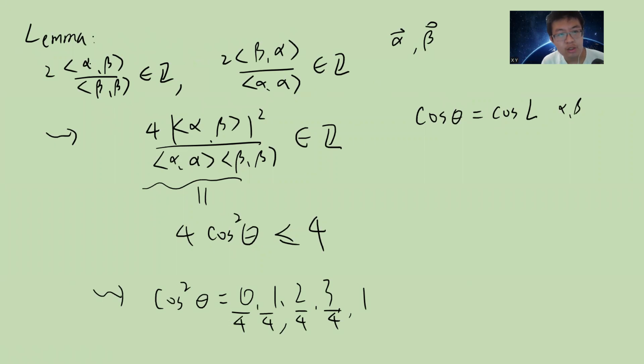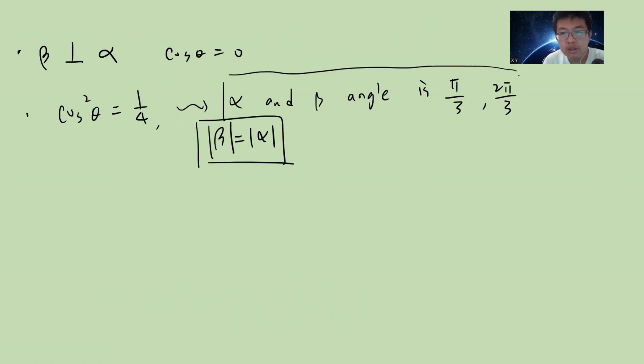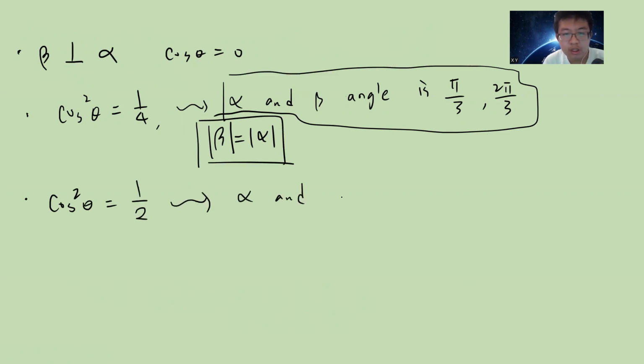If you plug this in, one ratio will be a half and the other will be an integer, which tells you that β and α must have the same length. So we have this and this. The next case is that if cos²θ equals 1/2, it means that α and β have angle π/4 or 3π/4. In this case, for example, we have this.